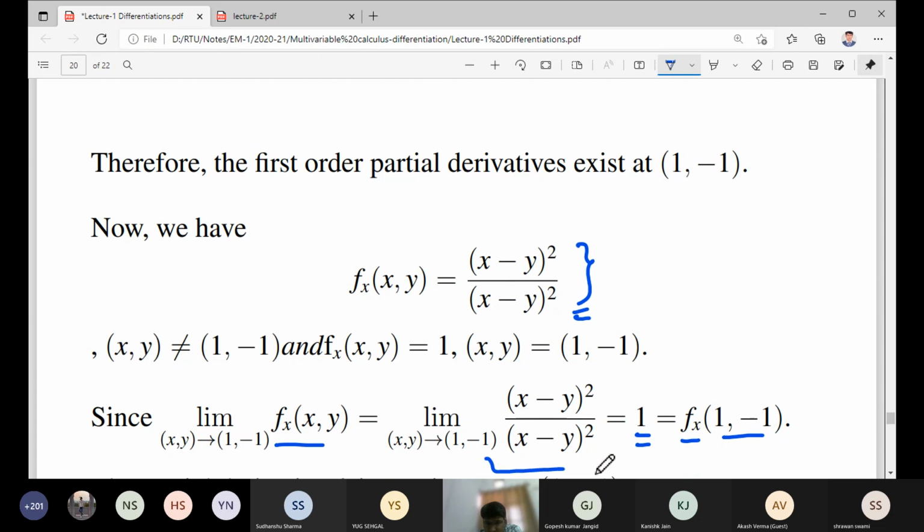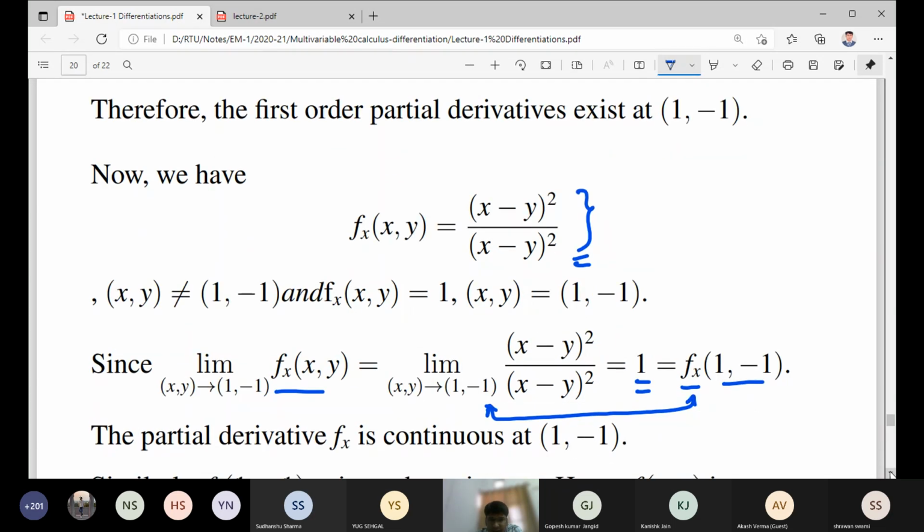Now this condition shows that partial derivative fx is continuous, right? So this implies that the partial derivative fx is continuous at the point (1, minus 1), right?